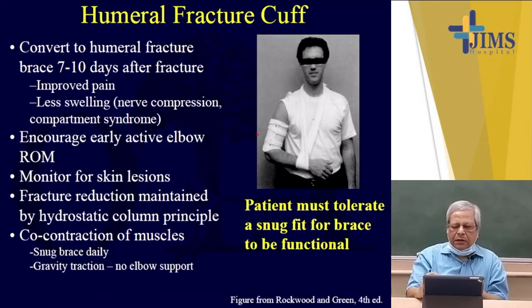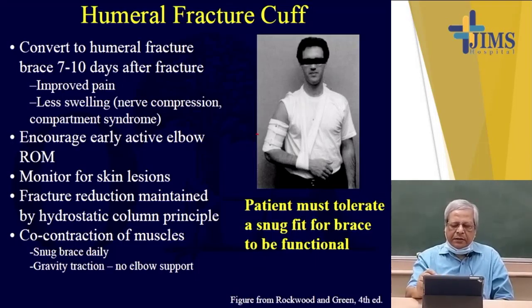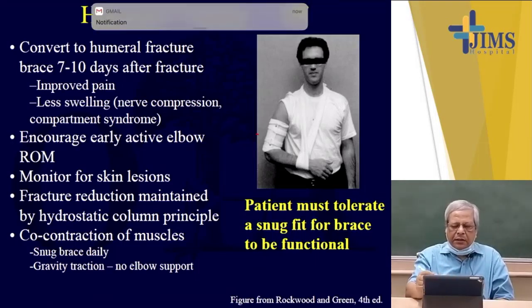This is converted to a humeral fracture brace 7 to 10 days after fracture. So after placing first the U slab, then after 10 days, due to some progress of healing, the fracture becomes sticky. It's not very easy to displace it. Then after 10 days, this brace can be applied.